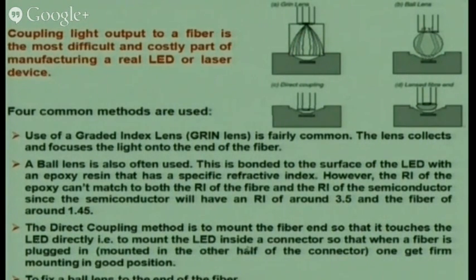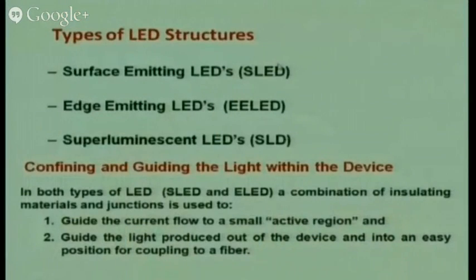That is, to mount the LED inside a connector, so that when a fiber is plugged in and mounted in the outer half of the connector, one gets firm mounting in a good position so that I can couple the light output. Another one is I can create a lens within the fiber itself. Once I have defined heterojunctions wherein I am confining the light, I have coupled the light from these heterojunctions through the fiber using lens phenomena, right?